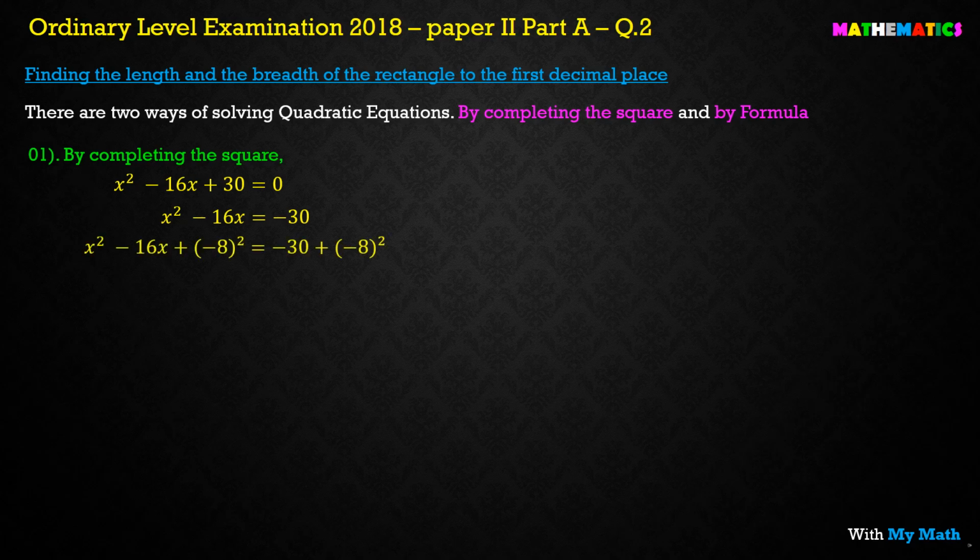Then we add some constant to both sides. Why are we adding that? We have to make a perfect square on our left side. We have to complete the square.